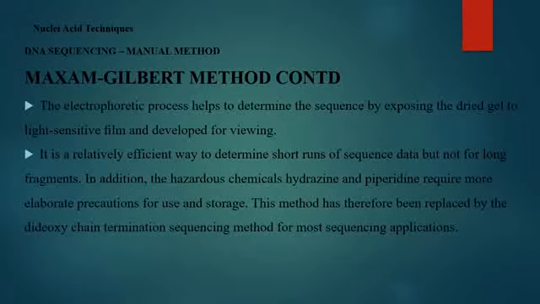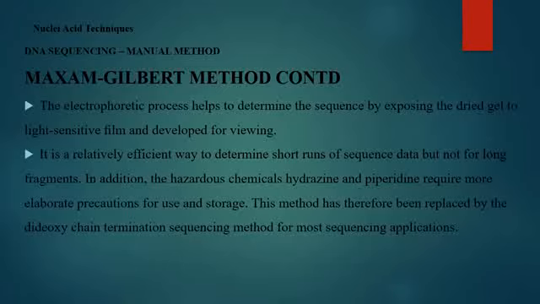The electrophoretic process helps to determine the sequence by exposing the dried gel to light-sensitive film and developing it for viewing. Don't forget you have radioactively labeled the ends, so you can view it under light-sensitive film. It is a relatively efficient way to determine short runs of sequence data, but it can't work for long fragments. So don't forget Maxam-Gilbert is good for short runs, but for long fragments, you are in trouble. You will not succeed in getting it.